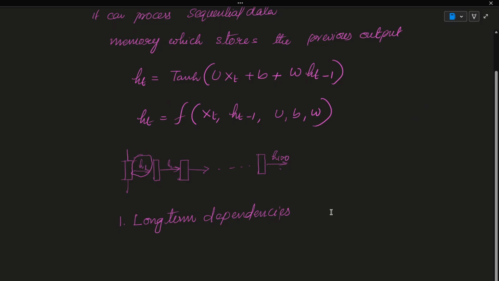Let me give you an example. Suppose I'm talking about a word prediction problem. What is the next word?